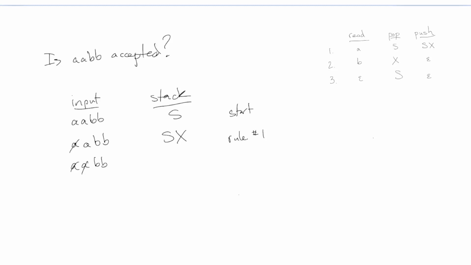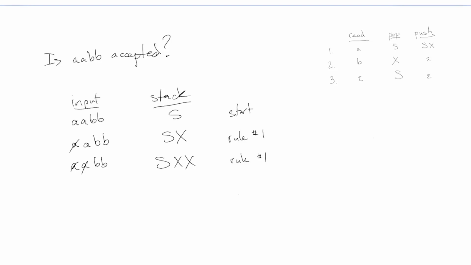The rule says pop S, push SX. So you will throw away this S. Yeah? SXX. Yeah. You throw away the first S and replace it with SX. So now the stack says SXX. Okay, that was rule number 1 again. All right.